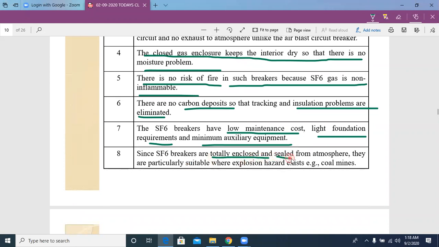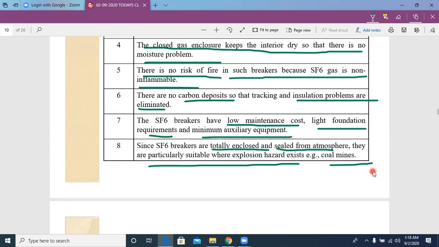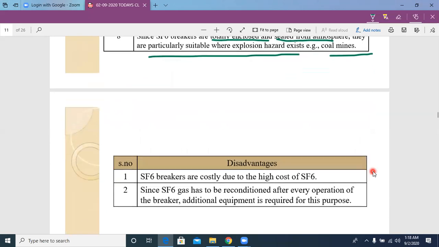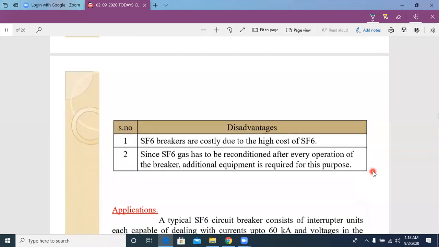The total structure is placed in a closed chamber, isolated from the atmosphere, and they are particularly suitable where explosion hazard exists. So the application is especially where explosion hazards exist, like coal mines. So these are the advantages of SF6 gas circuit breakers.